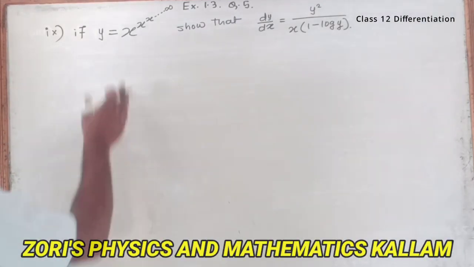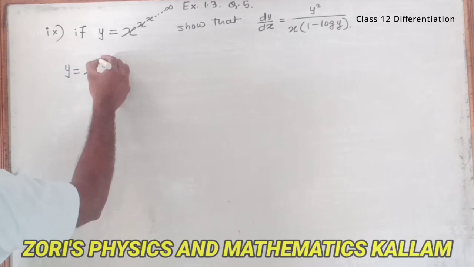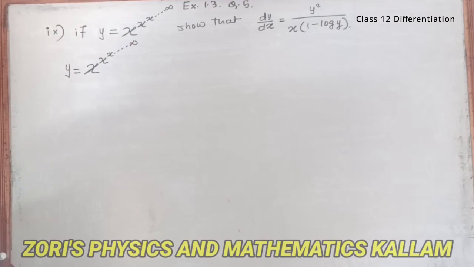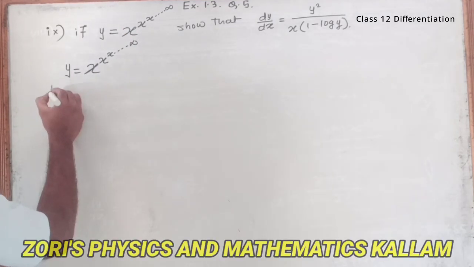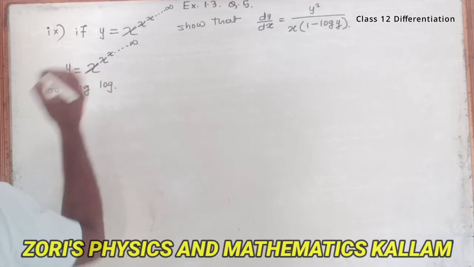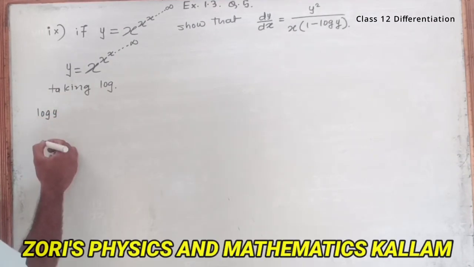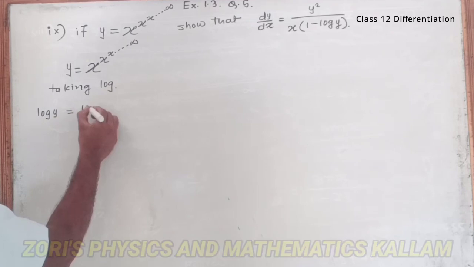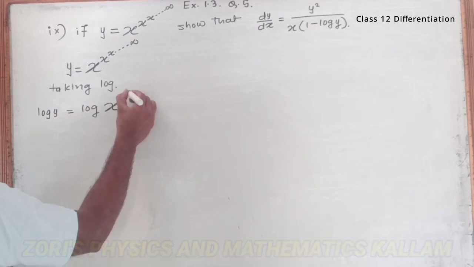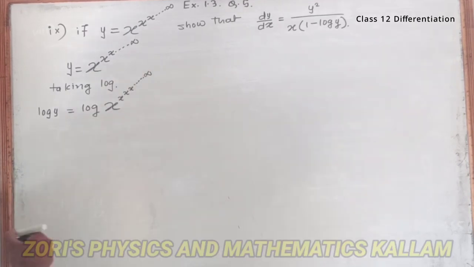So first we take the equation which is given here. y is equal to x raised to x raised to x raised to till infinity. Now taking log on both sides, we have log y is equal to log of x raised to x raised to x raised to till infinity.